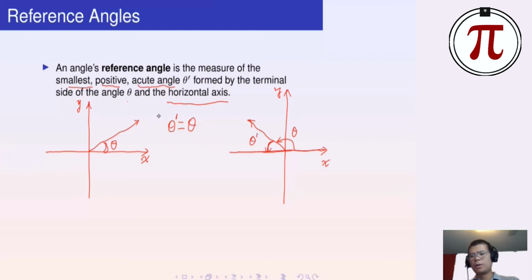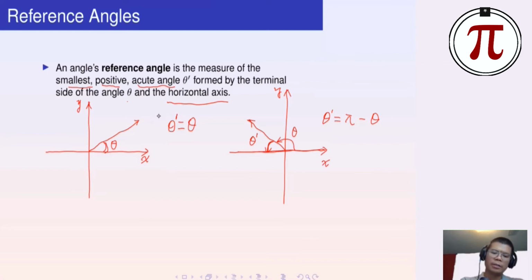This one will be theta prime. So theta prime is the acute, positive and smallest angle. In this case, it is a half circle minus theta. That's pi minus theta, because pi is a half circle. So pi minus theta, if theta is in the second quadrant.